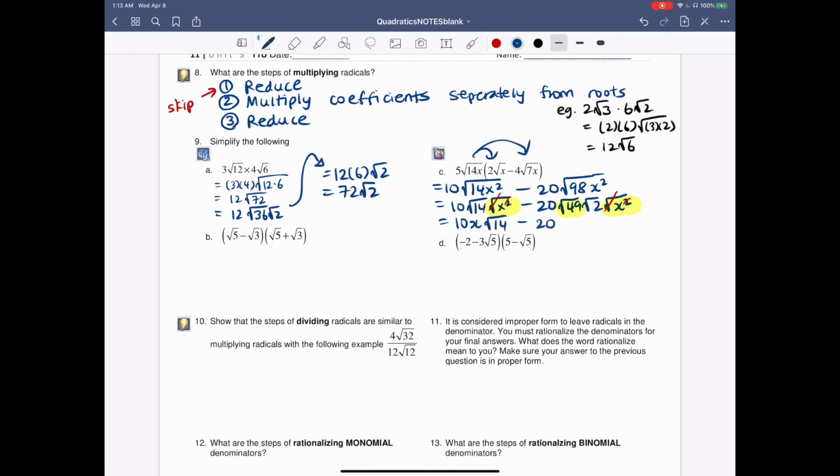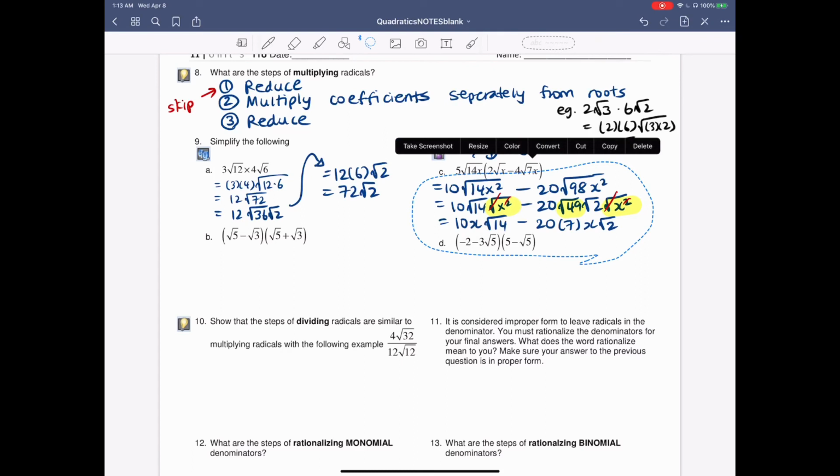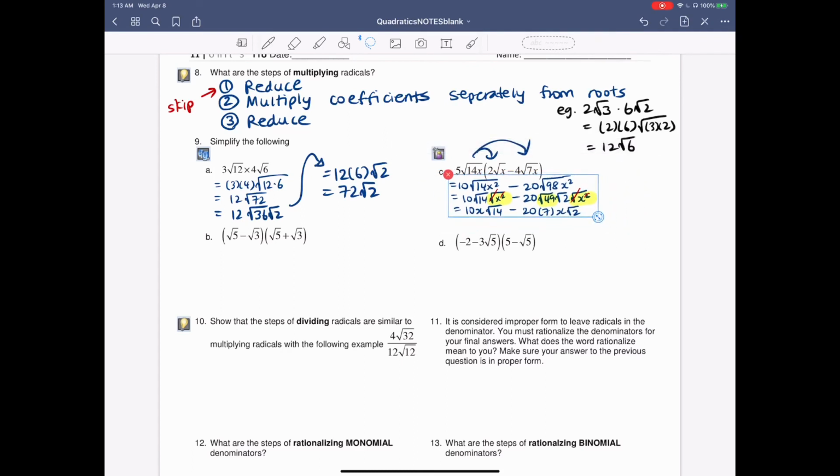Minus 20, square root of 49 is 7. And I need to drag that x to the front and leave it as that. So I have one more step of simplifying the 20 times 7. So I have 10x square root 14 minus 140 x square root 2.